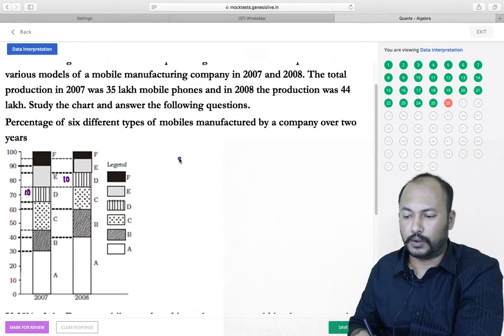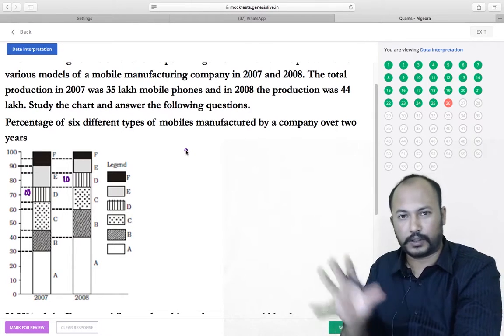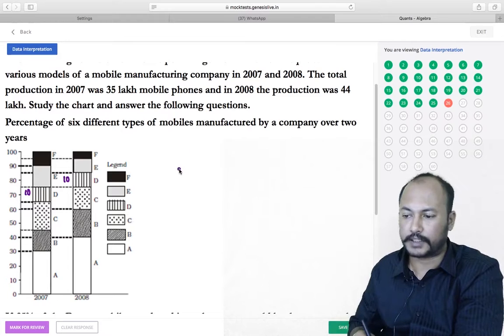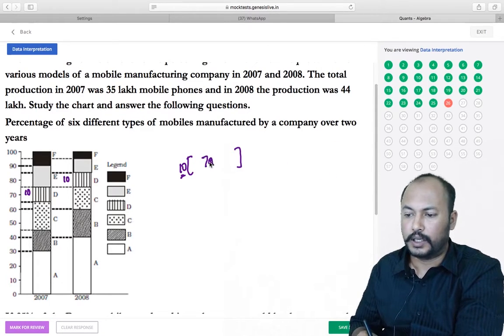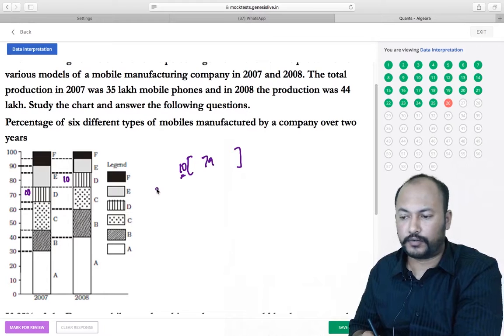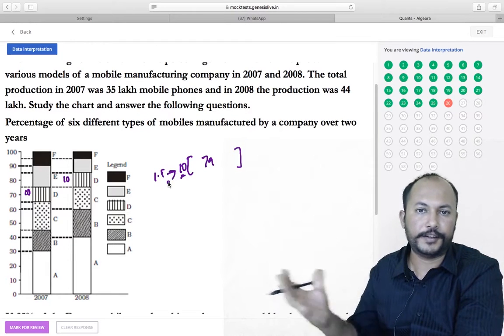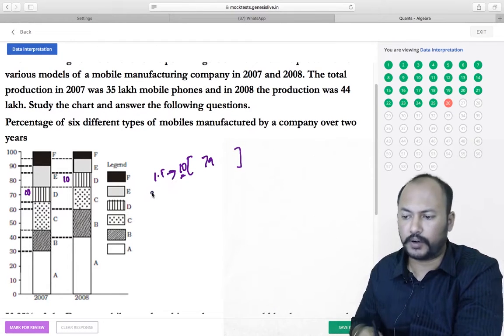So overall, the contribution to the whole market is 10%. Since it is the same, I can directly add, that is 35 plus 44, which is 79. Now 15% of overall is 1.5% of this value, right? 15% of 100 is 1.5% of 10. So I'll find out 1.5% of this value, that is for 79.